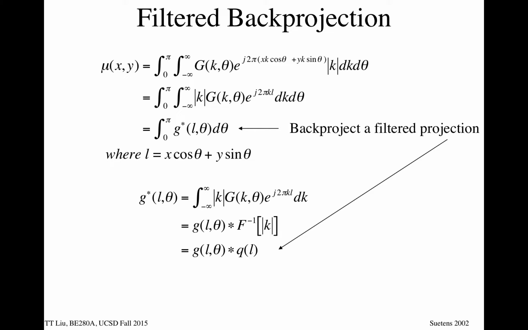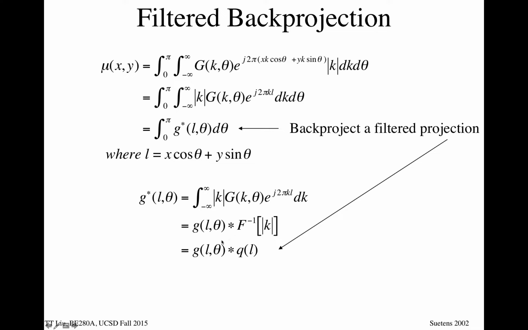What does the absolute value of k look like? It's pretty simple. It just starts at 0 and goes up linearly, like y equals x, from the origin. It's called a ramp. So it's the inverse Fourier transform of a ramp.